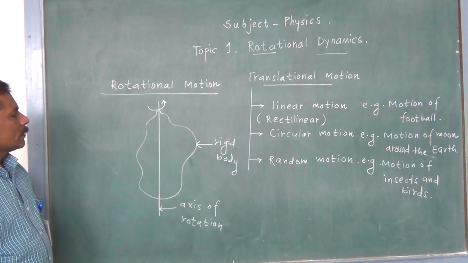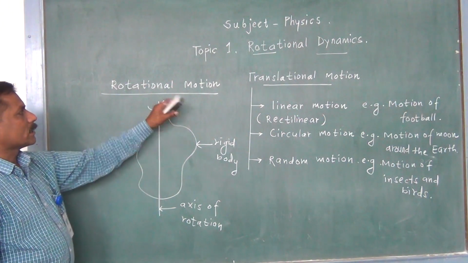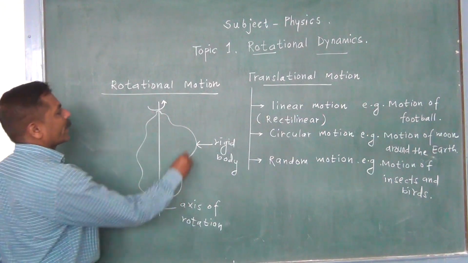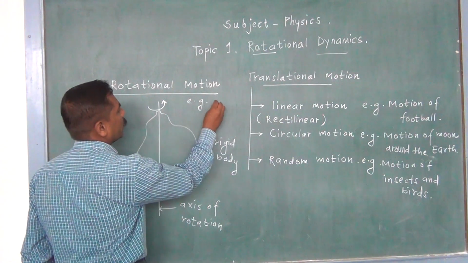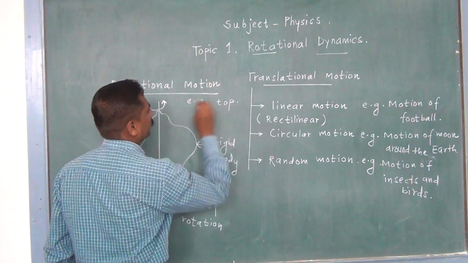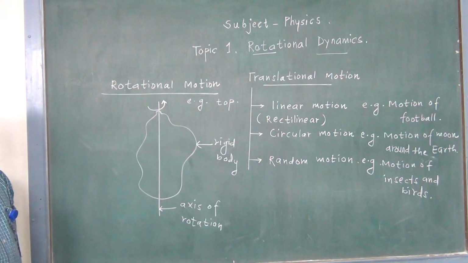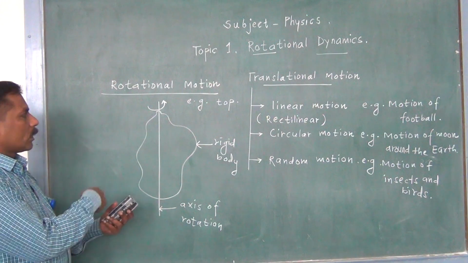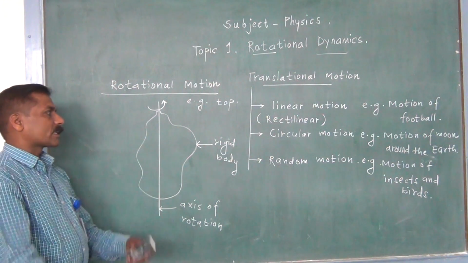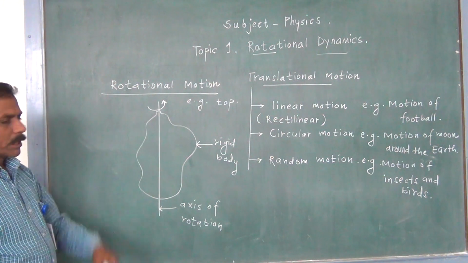So you will find this motion, it is called as the rotational motion. For example, here we can consider a top. If you observe top, all the particles are moving about its own axis. So this is called as the rotational motion.